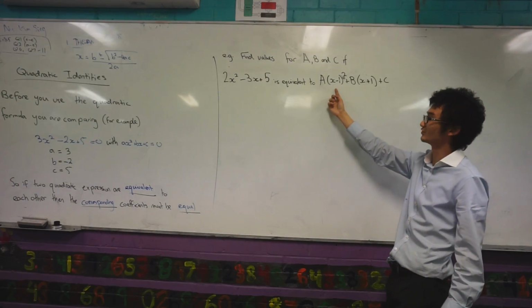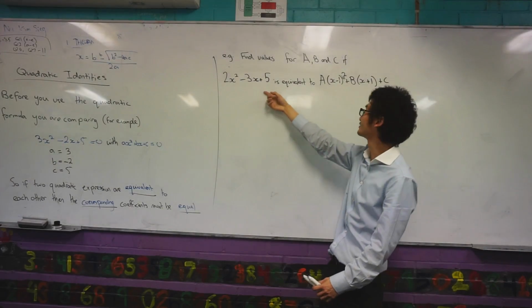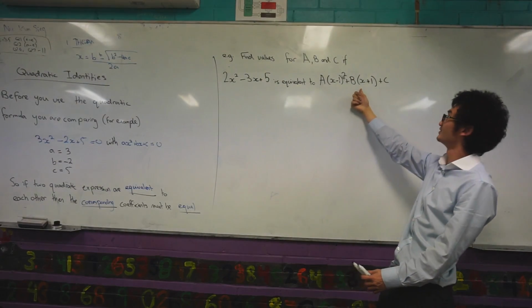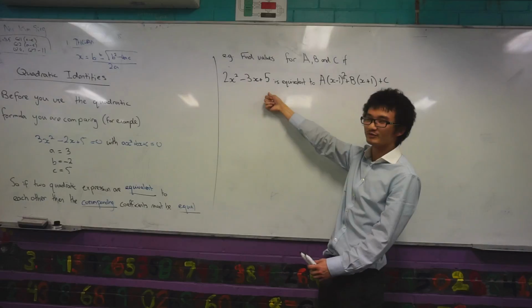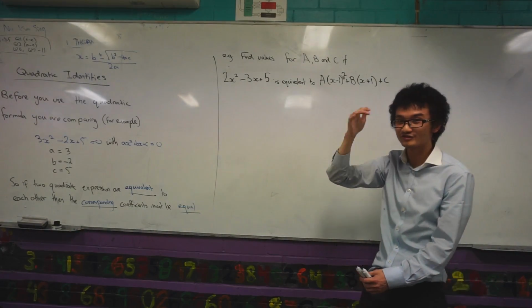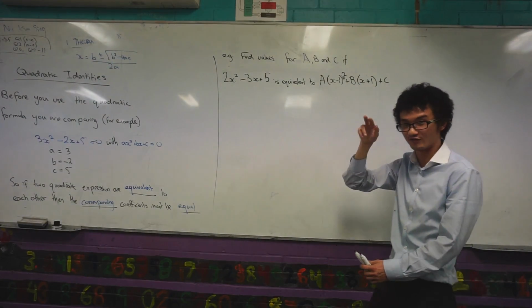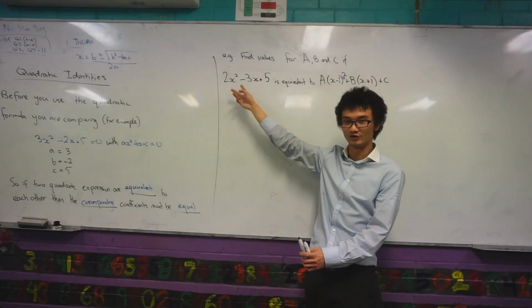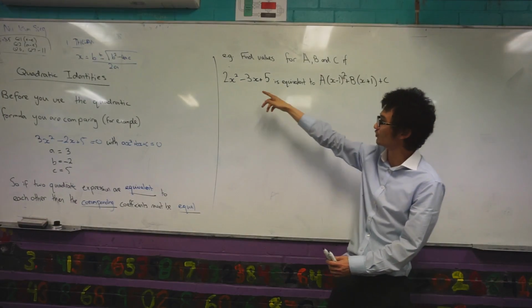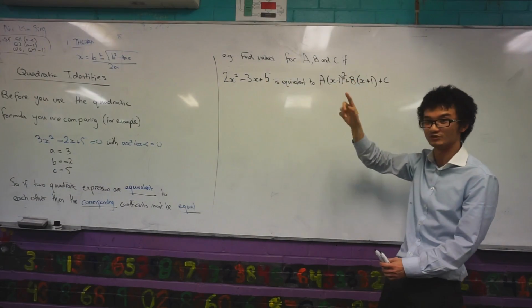You've got (x minus 1) all squared. And we're comparing coefficients of a single power of x. But what we've got over here is not that, it's x plus 1. Over here we do have 5 and c by themselves, but we'll soon find out that c is not equal to 5 for that very specific reason. Because those are not the corresponding coefficients, we can't assume that 5 is going to be equal to c.